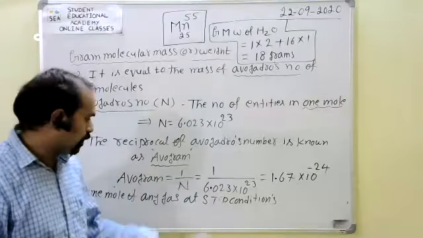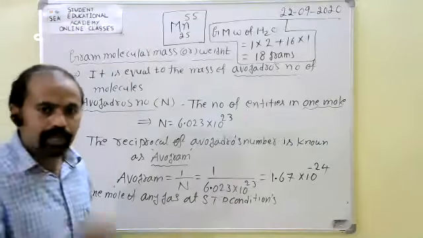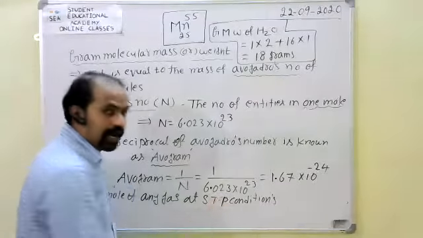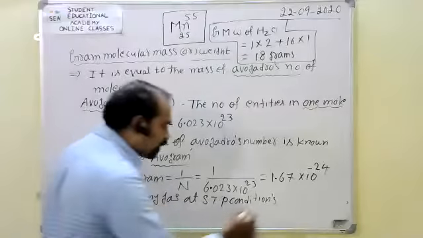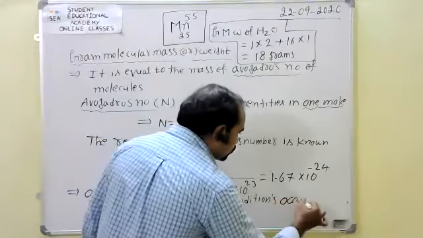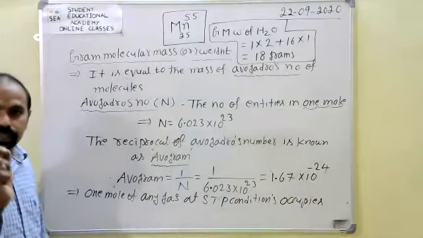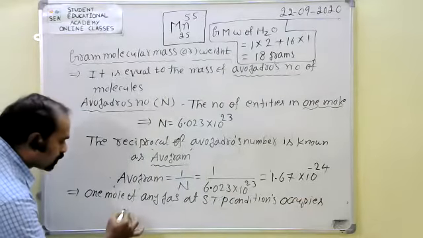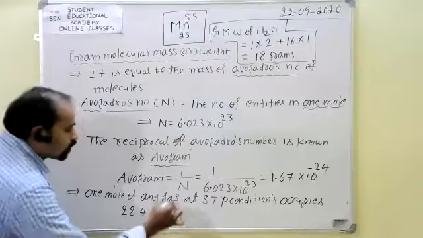Now here, 1 mole of any gas at STP conditions, standard temperature and pressure, occupies a fixed volume, that is 22.4 liters.